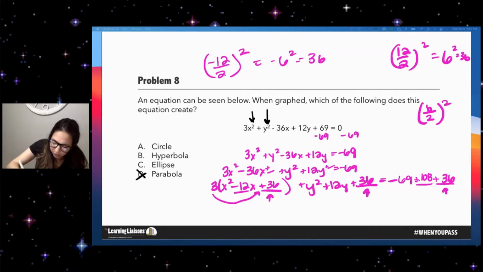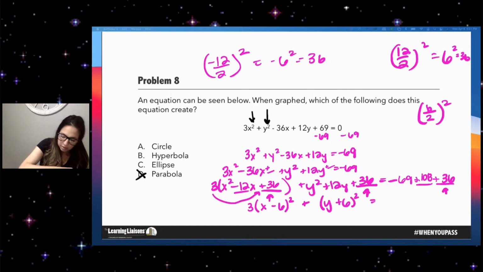So this factors into y plus 6 squared. This factors into 3 times x minus 6 squared. And that equals 108 plus 36 minus 69 is 75. Following me?